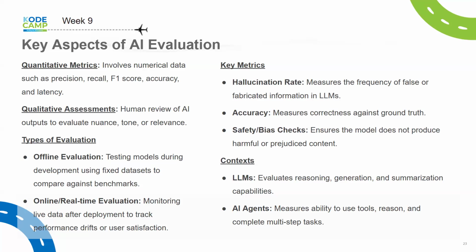The types of evaluation that you normally do fall into two broad categories: the offline evaluation and the online or real-time evaluation. The offline evaluation is where you are evaluating the model while it is offline, while you are developing the model. You are not necessarily looking at the model while it is running; you are just testing it as part of the development process.